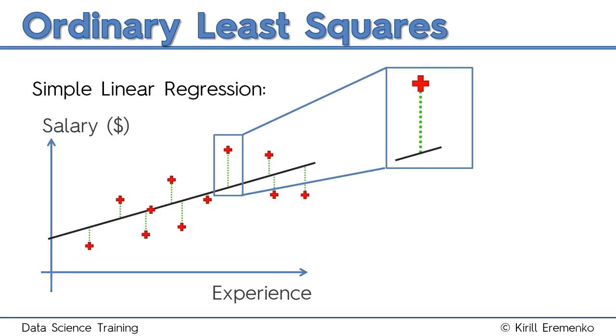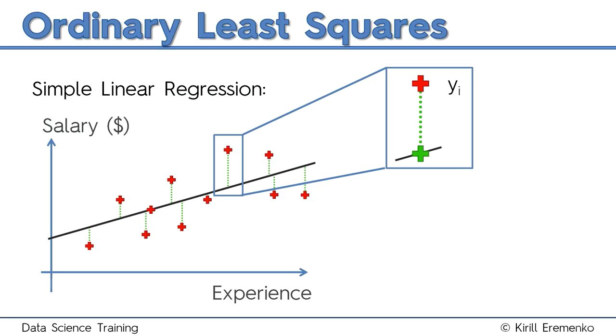Well, the model line, the black line at the bottom, actually tells us where that person should be sitting according to the model in terms of salary. And according to the model, it should be a bit lower. It should be somewhere where that green cross is, which is about maybe, let's say, $80,000.